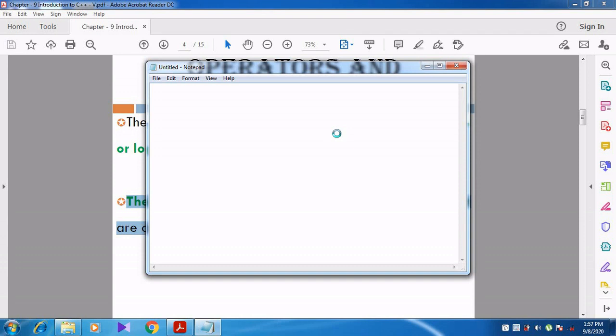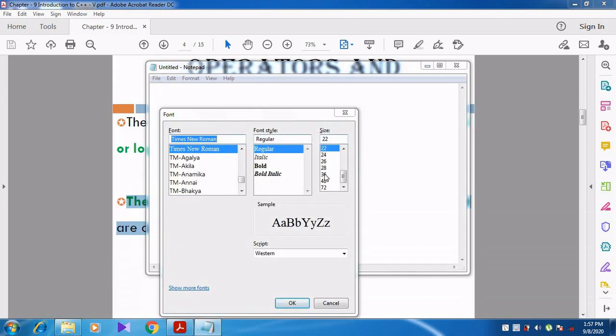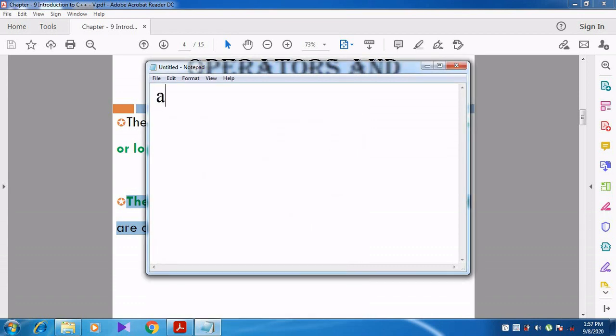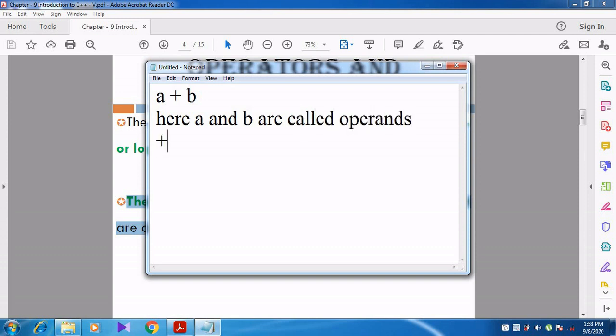So if I take A plus B, here A and B are called operands, where plus is called the operator.